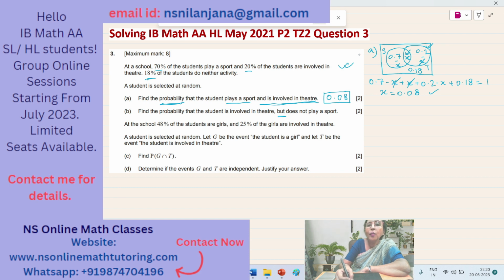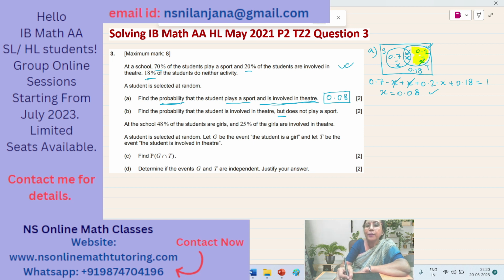So it will be only this portion, only this portion, because this is the portion which contains students who take part in the theater, but they do not play any sport. Okay.